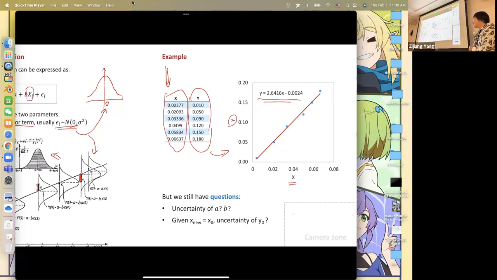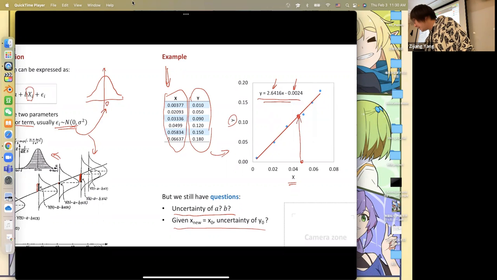But we have some more questions because we have already talked about the errors. So the question is, how about the uncertainty or the errors of a and b, like here and here? Also, if we have a new x, let's say x new equals x0, we can plug this x into this regression line and get the new y value.